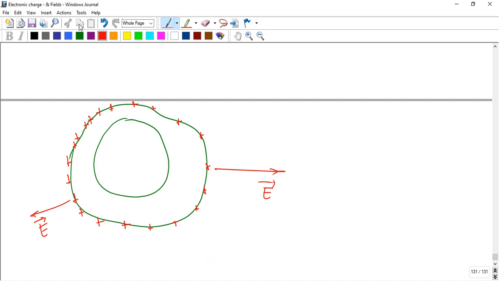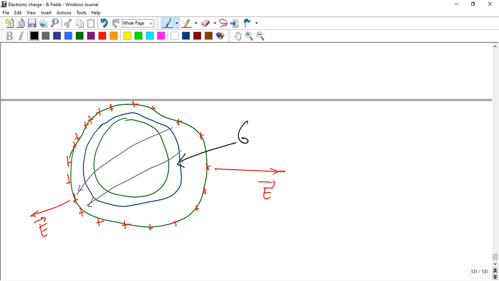Now choose a Gaussian surface, say here. One important thing: suppose the electric field is in the inward direction. See the Gaussian surface, the blue line: no charge is enclosed by that Gaussian surface.